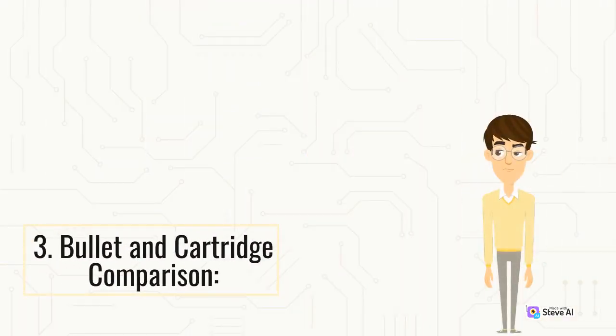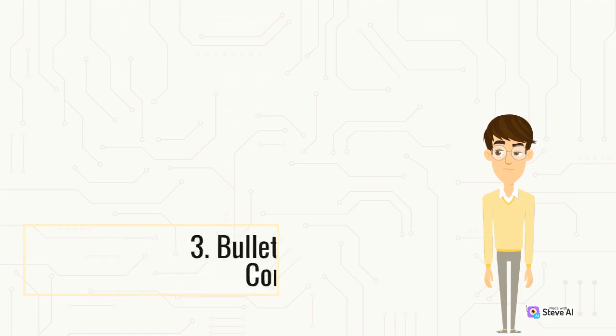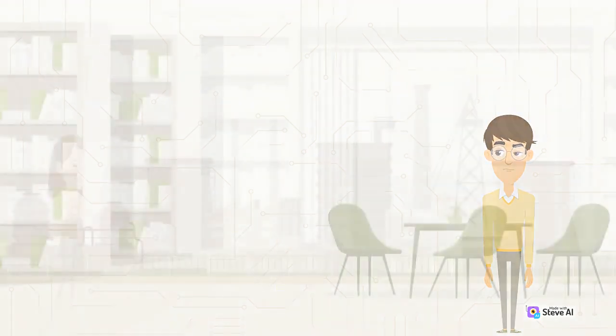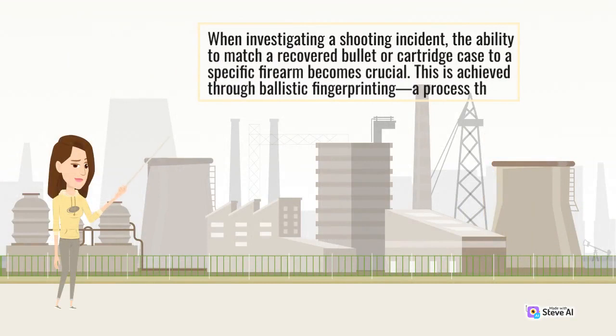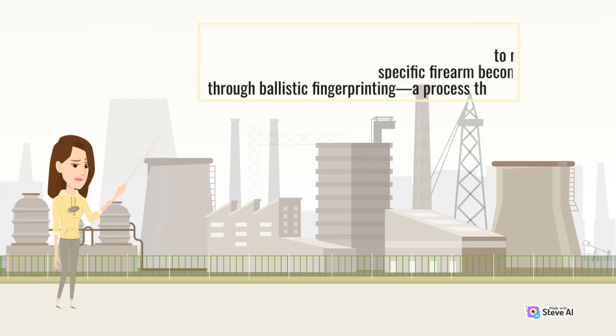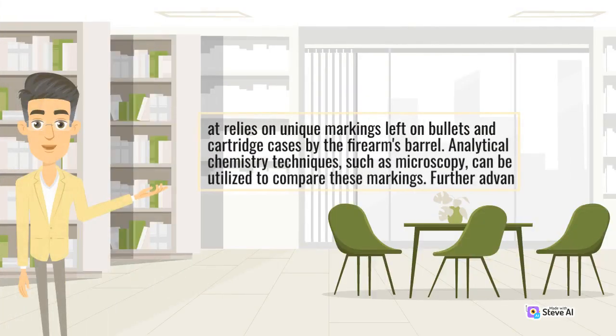3. Bullet and cartridge comparison. When investigating a shooting incident, the ability to match a recovered bullet or cartridge case to a specific firearm becomes crucial. This is achieved through ballistic fingerprinting, a process that relies on unique markings left on bullets and cartridge cases by the firearm's barrel.